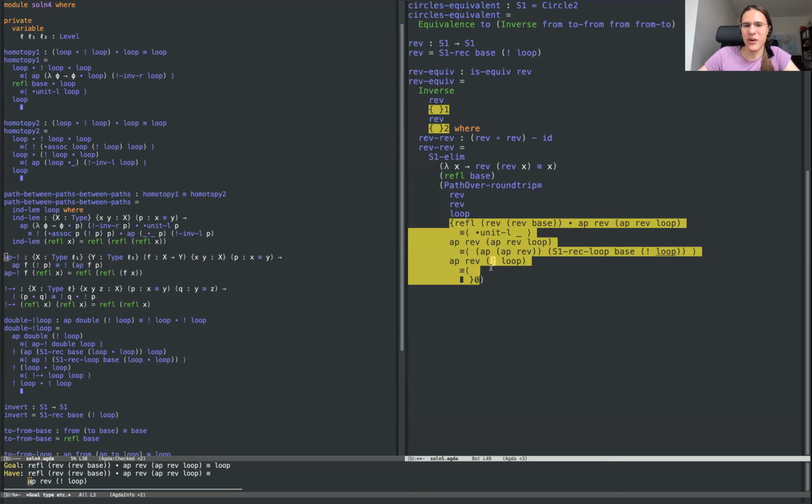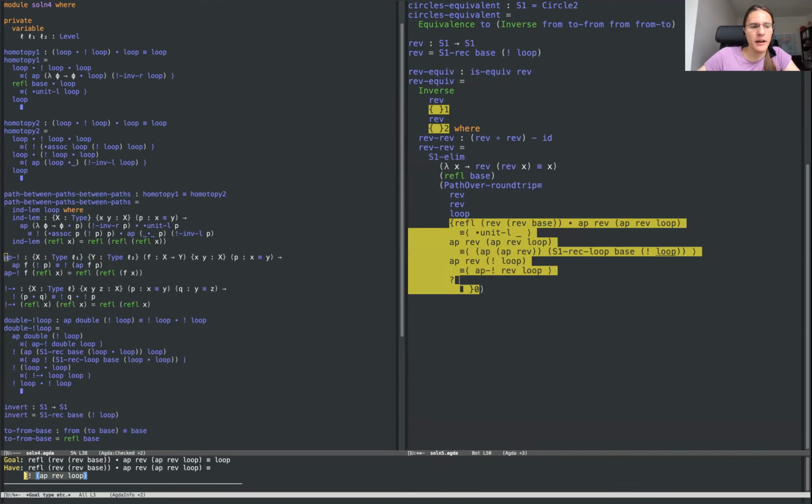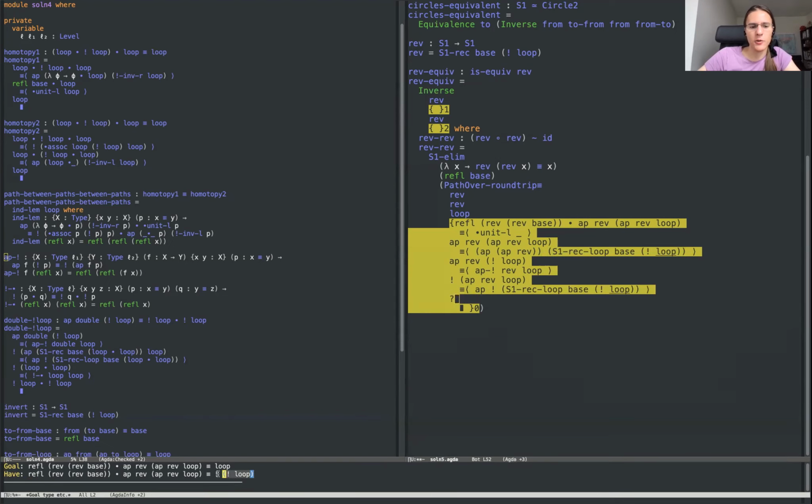But I'm reading it as not because that's what it says. And so that brings the inversion out front. And now I'm going to apply inversion onto the next computation law, which is the same as we had before. And it's going to give me not loop.